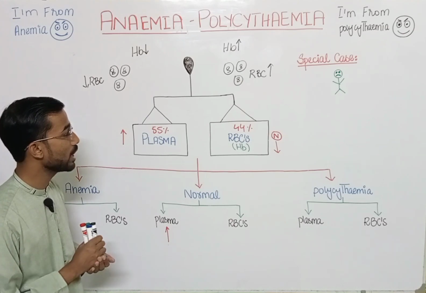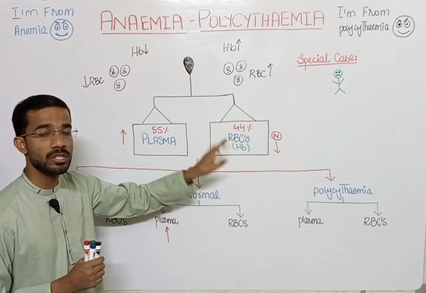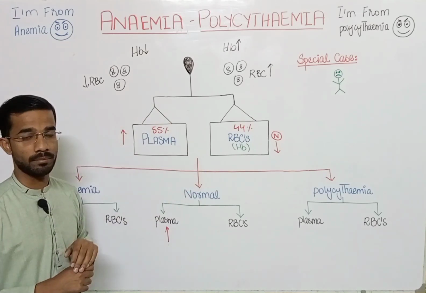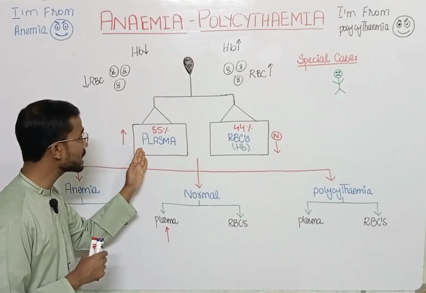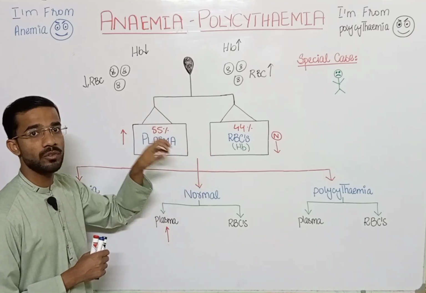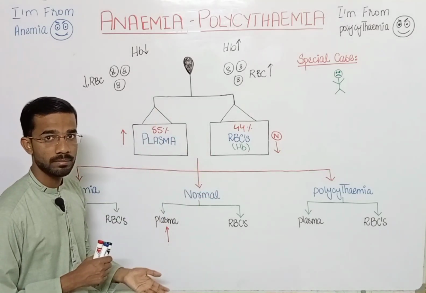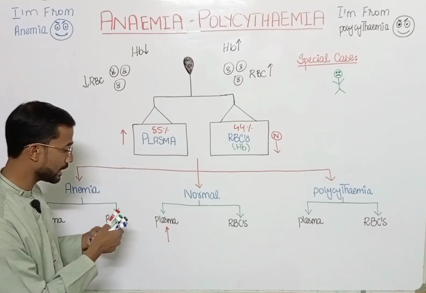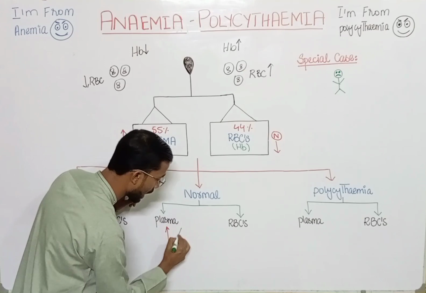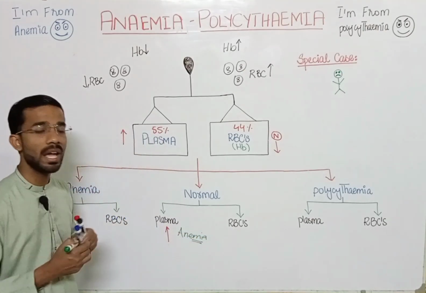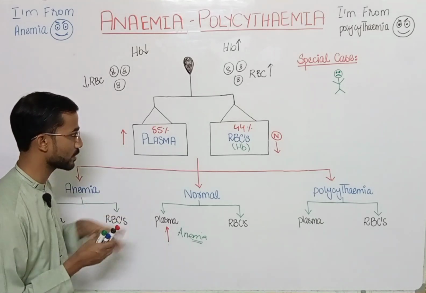In that situation, even though the RBC number is normal, the condition goes toward anemia. Why? Because we increased the plasma, so automatically the number of RBCs will look decreased. So in that situation you will see anemia. This is the anemic condition. This is case 1.